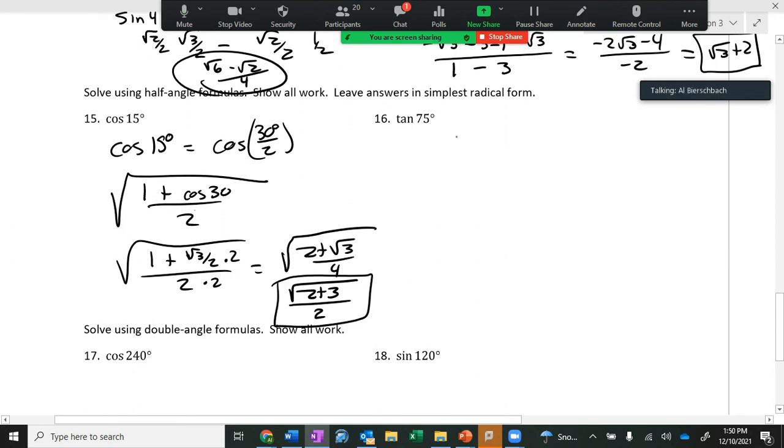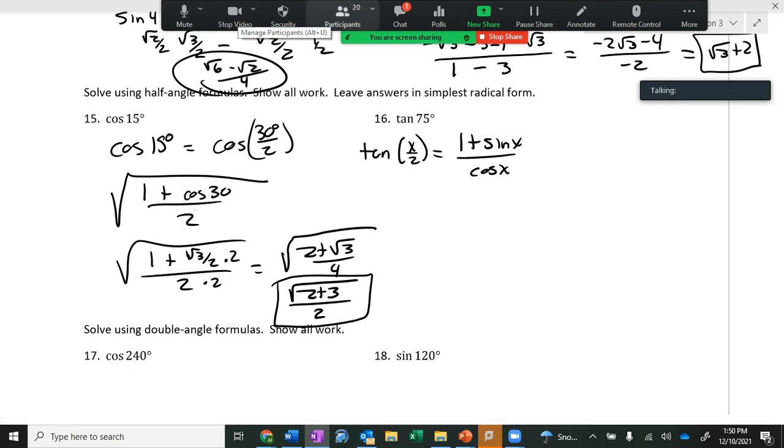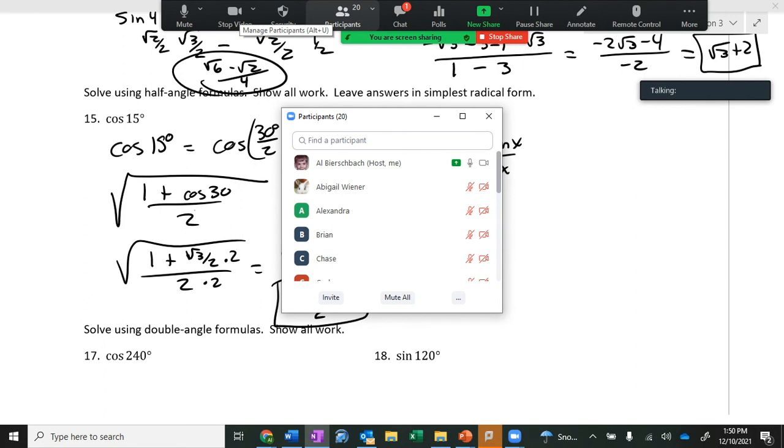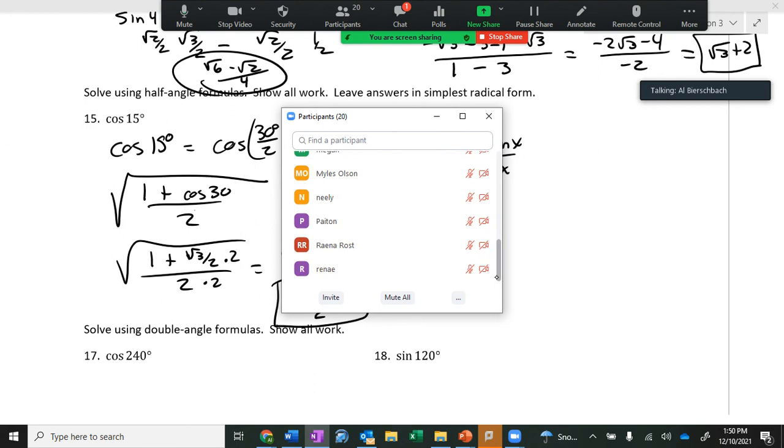Tangent of 75. Boy, I can't remember this one. I think it's 1 plus sine of x over cosine of x. Somebody pull out your note card. See if the tangent of x over 2 equals this. Somebody help me out here. Note card.